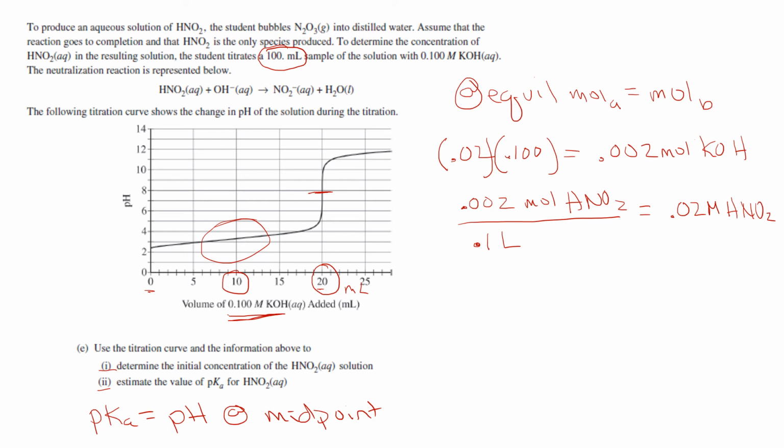And if I look there, this is 3, it's a little bit above 3, not quite 5, so I'm going to say that it is 3.4 would be my pKa. So the way you figure that out is you look at your midpoint, which is down in this buffer region.